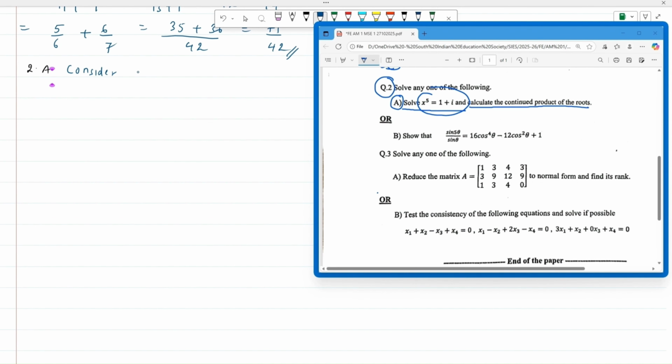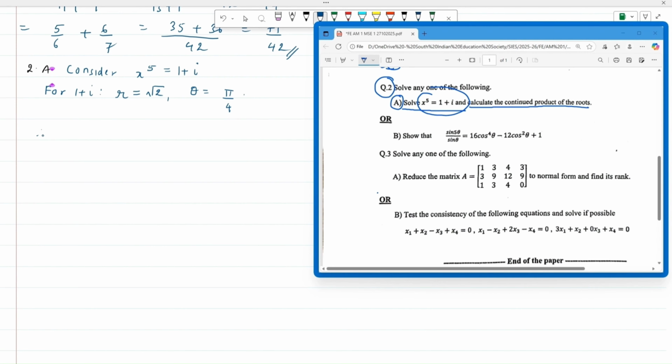So consider the equation x raised to 5 is equal to 1 plus i. Now the first part, what we are going to do is focus on the complex value, which is 1 plus i. For 1 plus i, the r value or the modulus value is going to be square root of 2, whereas the theta value is going to be tan inverse of 1 over 1, and that turns out to be pi by 4.